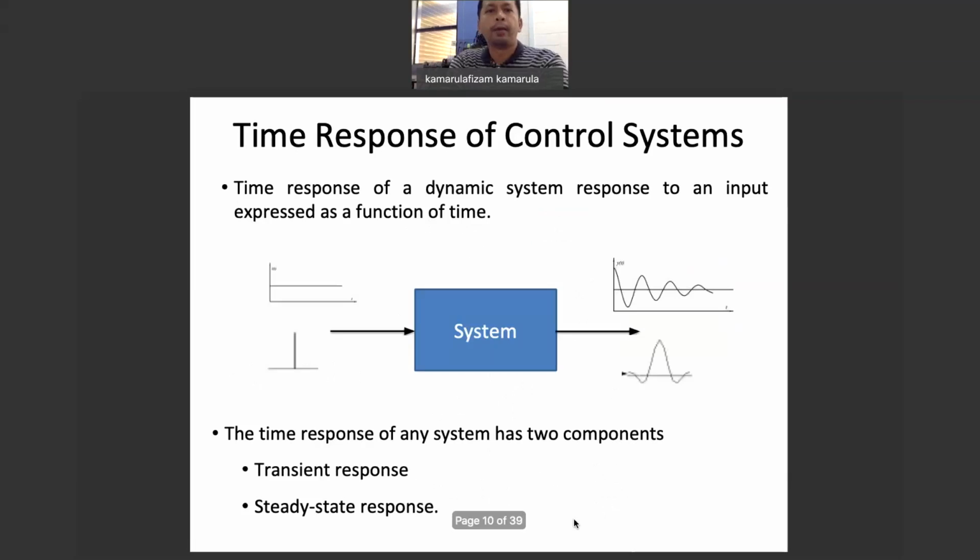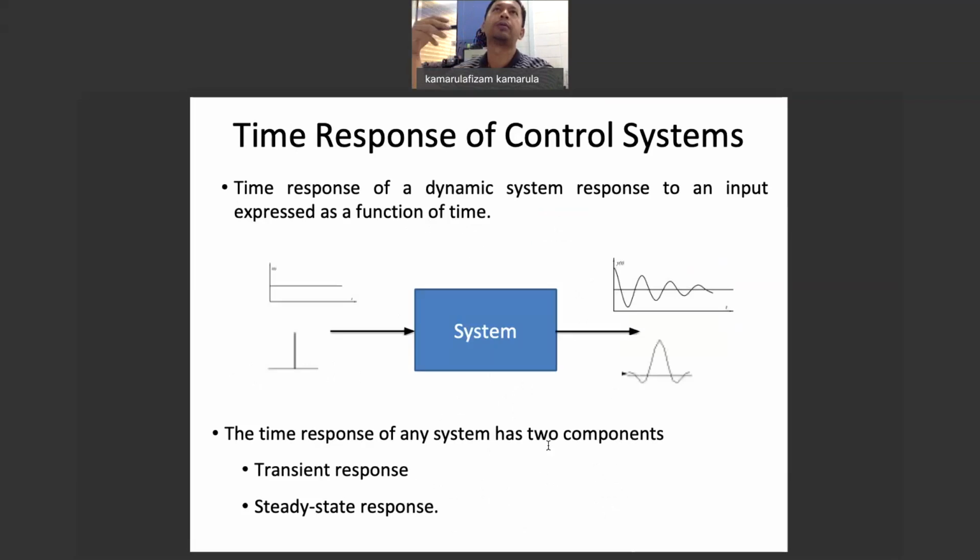Again, the time response of any dynamic system responding to an input is expressed as a function of time. Of course, when we speak about a first order system, this kind of system depends largely on the time that runs through the system.